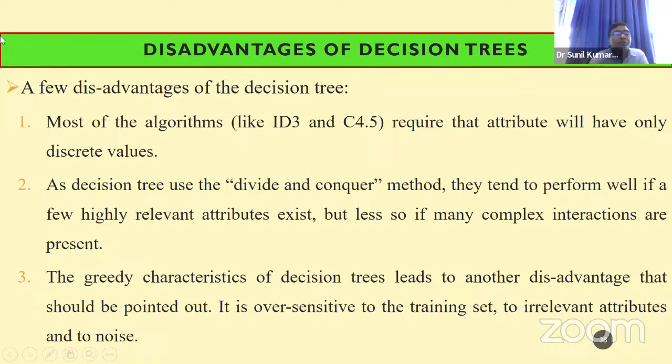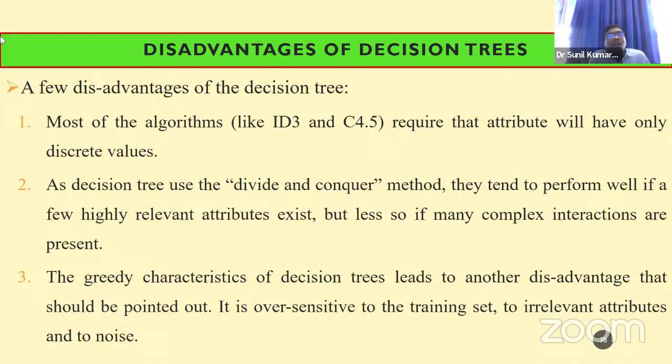Similarly, if we look at the divide and conquer methods, they tend to perform well if a few highly relevant attributes exist. The reason is, if the attributes are giving the same information gain value, then in those cases this particular decision tree is not going to be relevant.